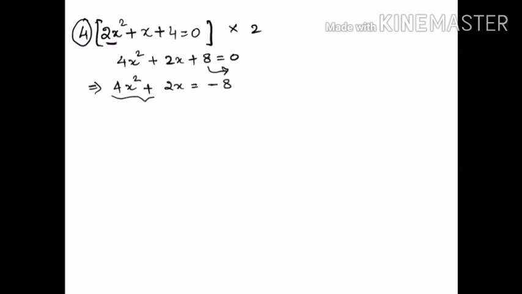Now we shall write the left hand side as a perfect square, and to do that we will have to add some number. So we write the format a square plus 2ab plus b square. 4x square is this term, 2x is this term, and this is an extra term that we have added.